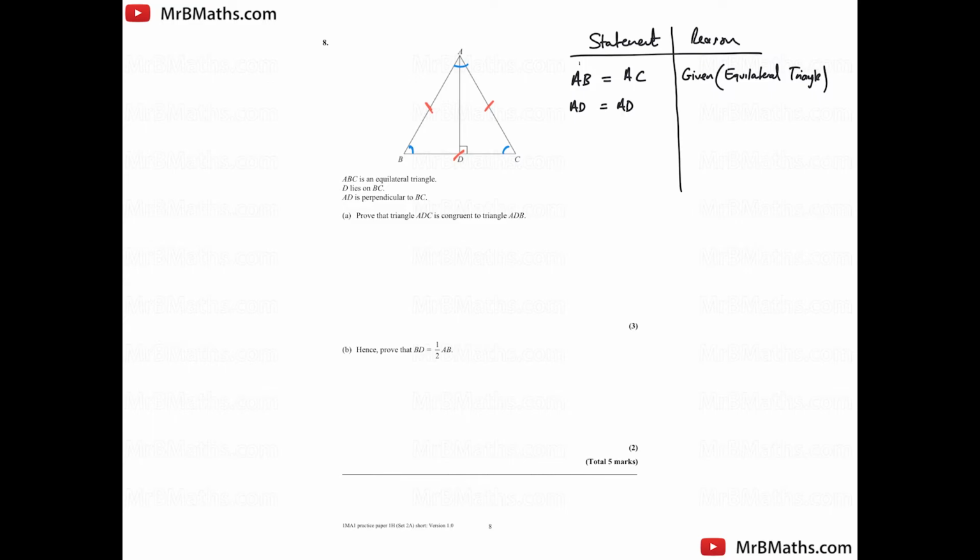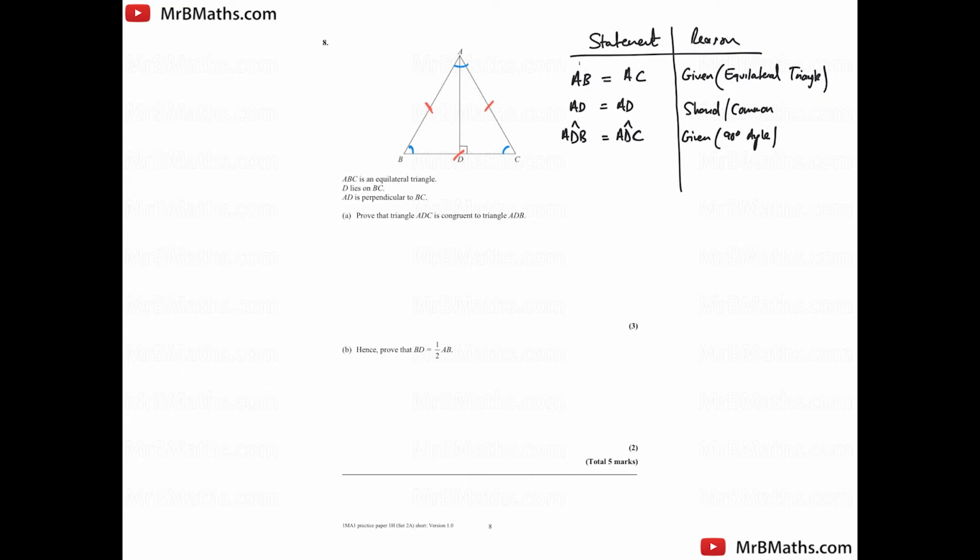I'll say that that's shared, or you can say common. It's going to be common in both triangles. And then I can say that angle ADB equals angle ADC. And that is given initially. Then you can put 90-degree angle.